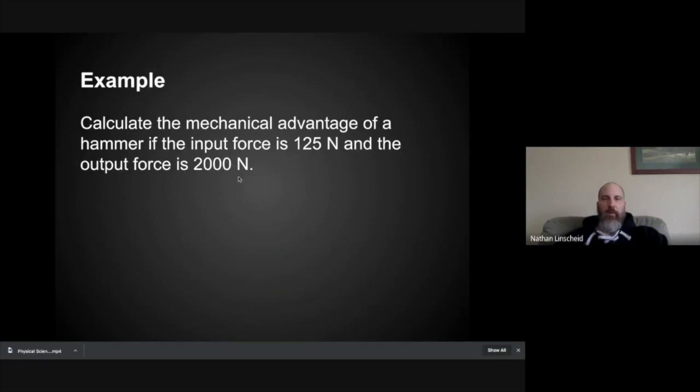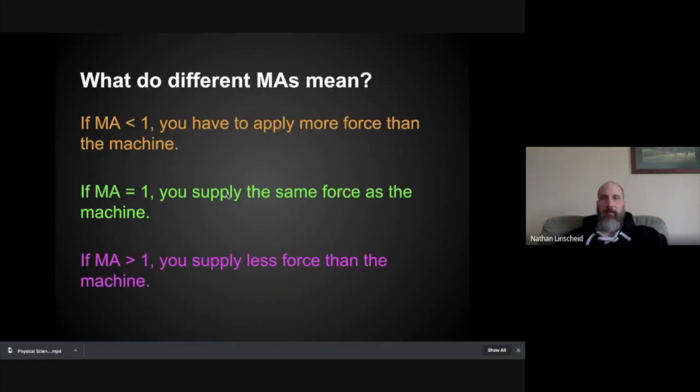So in this case, it would be 2,000 divided by 125. You move the hammer with a force of 125 newtons. The hammer will push with 2,000 newtons of force. So it's pushing 16 times as hard as you are. So the mechanical advantage would be 16.